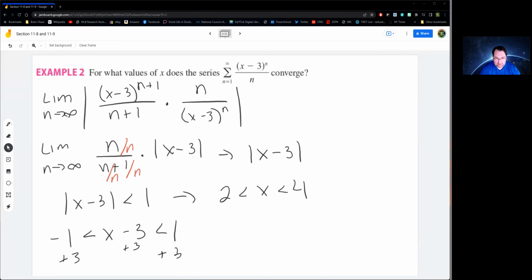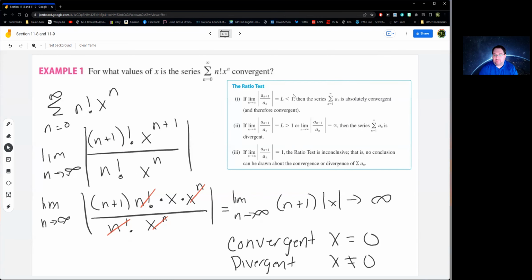All right. Any questions on how I got that? All right, we're not quite done though. Because the ratio, if it's less than 1, it's convergent. So we got that part there.